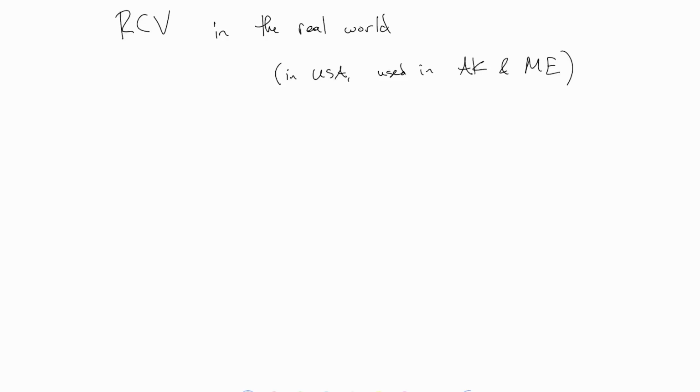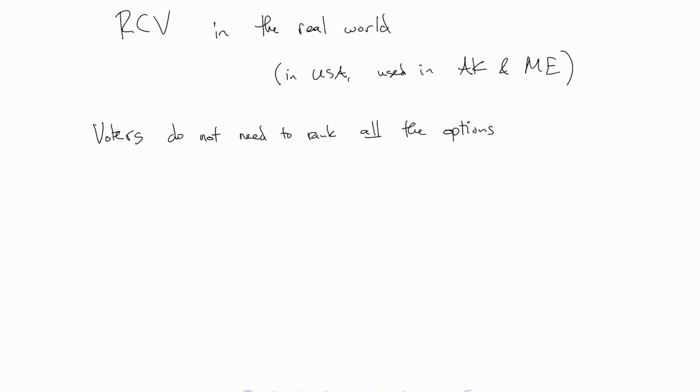In real life, when they do this, voters do not need to rank all of the options. And this is a good thing for the voters because typically they've never even heard of some of the options, and they don't even care about many of them.